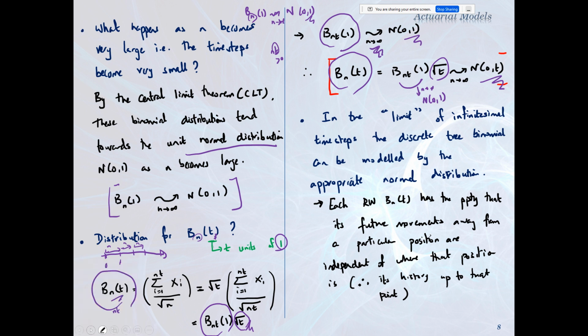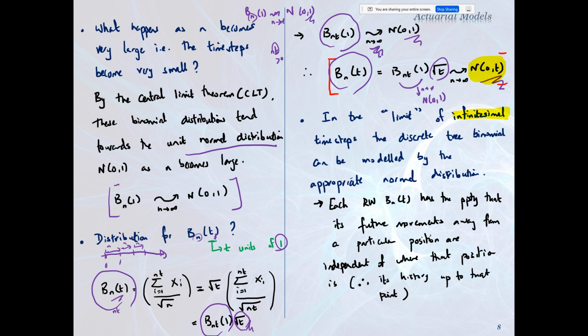I think this gives a hint on what will be the distribution of the Brownian motion. In the limit of infinitesimal time steps, meaning very, very small, the discrete-time binomial can be modeled by the appropriate normal distribution.